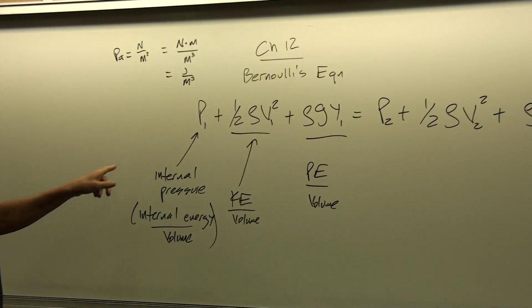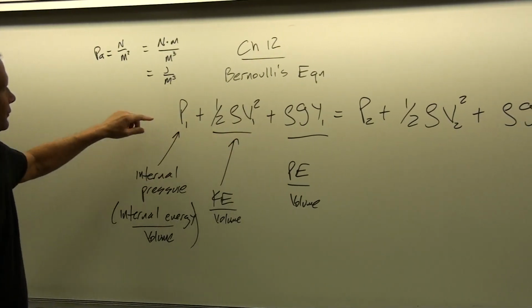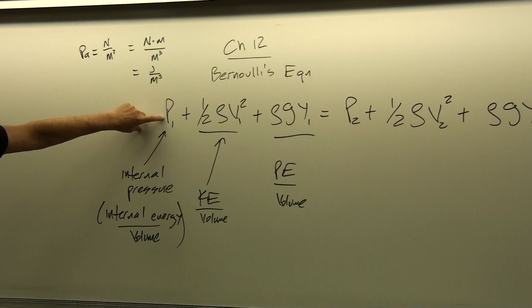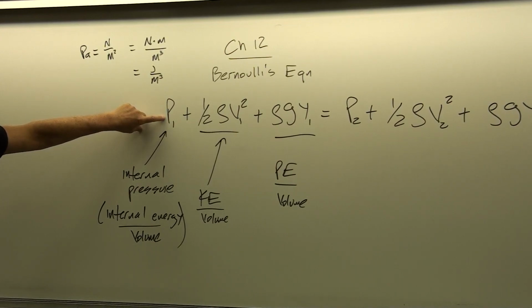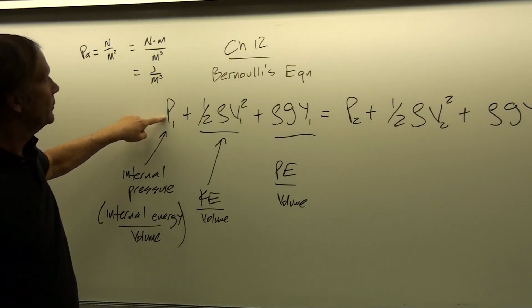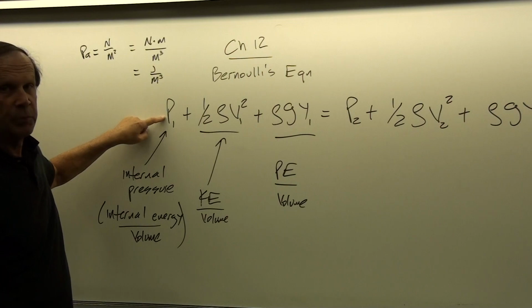And so if we think of it that way, then P1 at some point in a continuous connected fluid would be the internal energy per unit volume, and that would just be the internal pressure of the fluid, which could be measured by a pressure gauge at a particular point in the fluid.